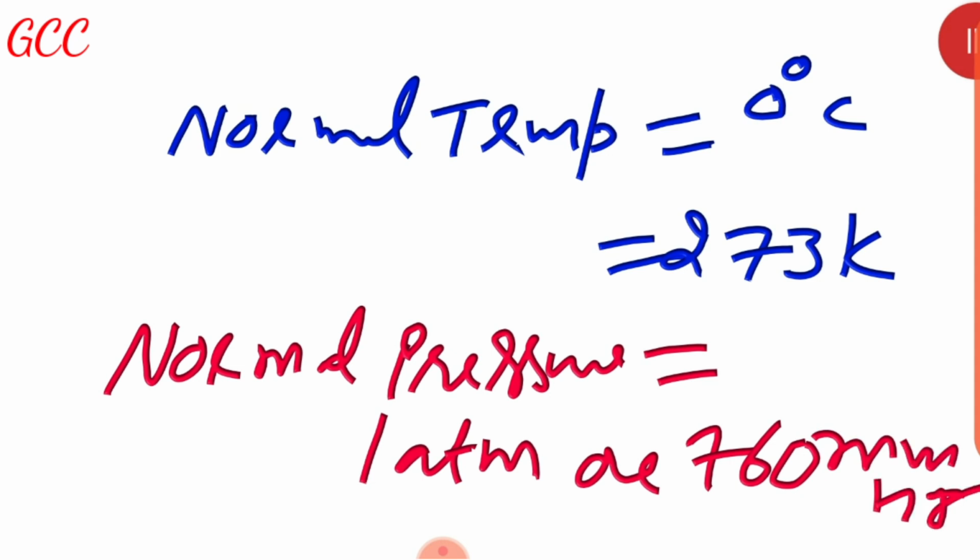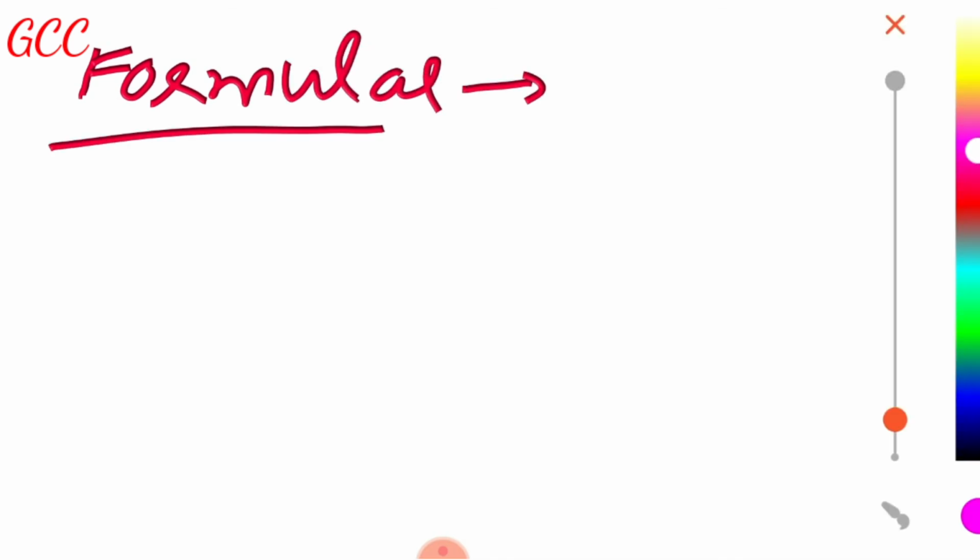Yes or no? This is the normal temperature and normal pressure we have written. So students, before starting the mole concept, you should know these things. Now I will discuss a few formulas for you that we can use in the mole concept. Just remember these formulas, and they will be helpful to solve the mole concept numericals.